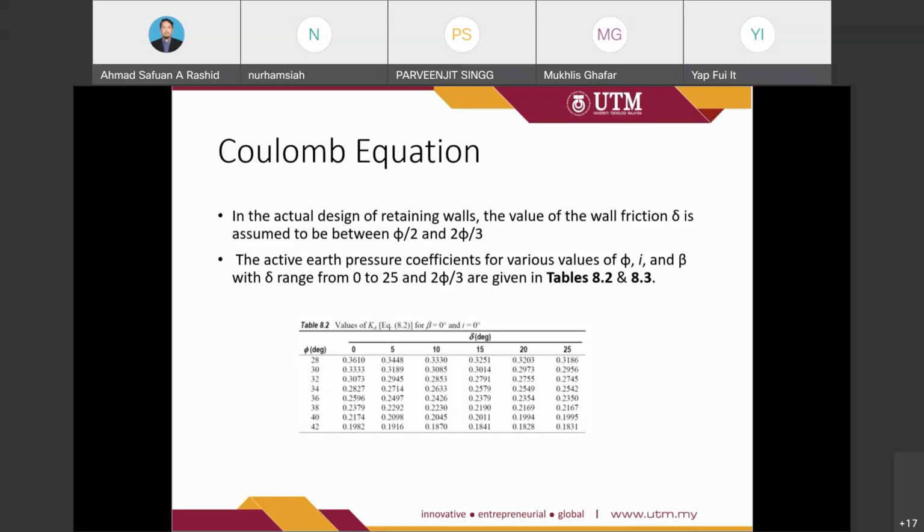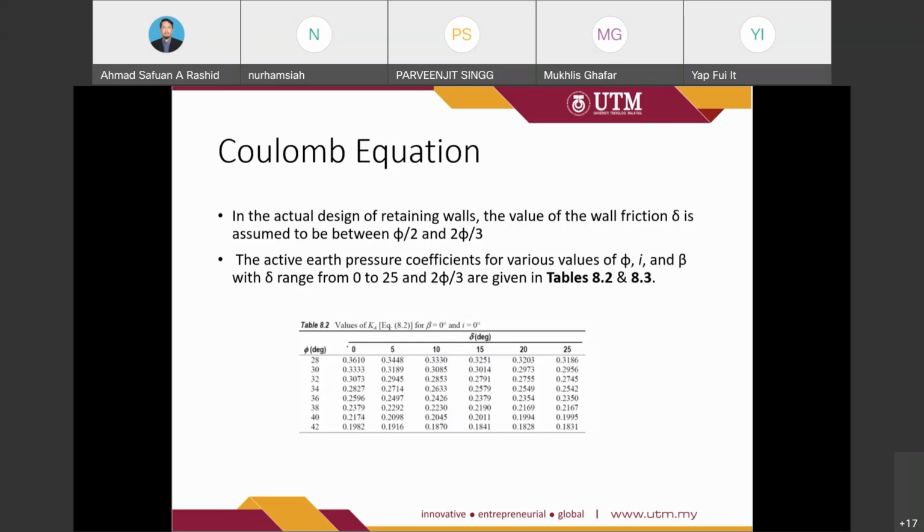In the actual design of a retaining wall, the value of the wall friction is assumed to be half phi to 2/3 of phi. So the active earth pressure coefficient for various values of phi, i, and beta, with delta ranging from 0 to 25 and 2/3 of phi, are given in tables 8.2 and 8.3.